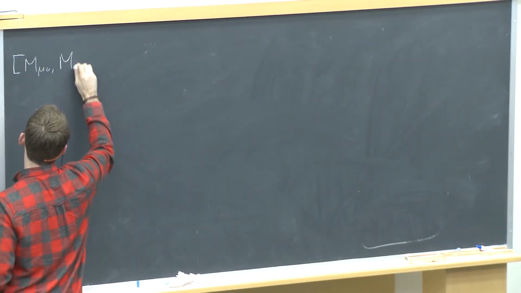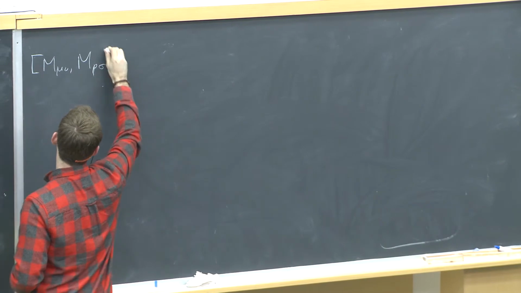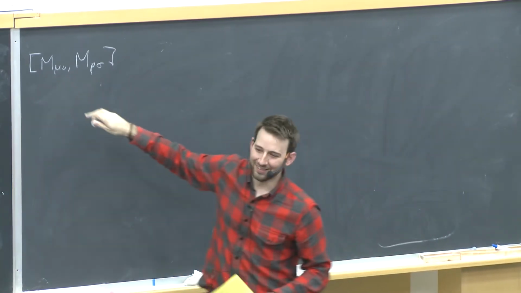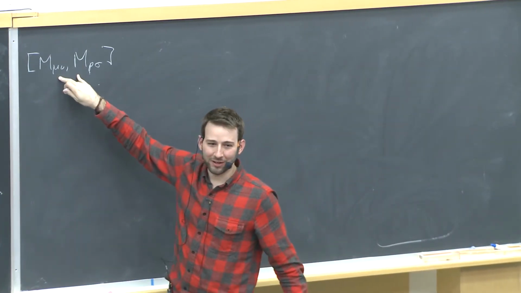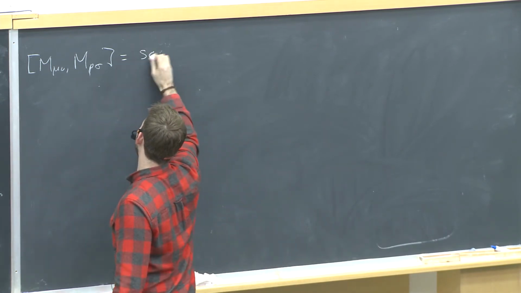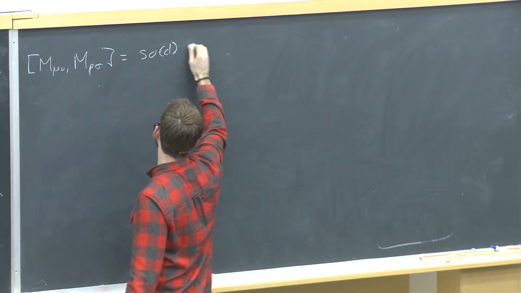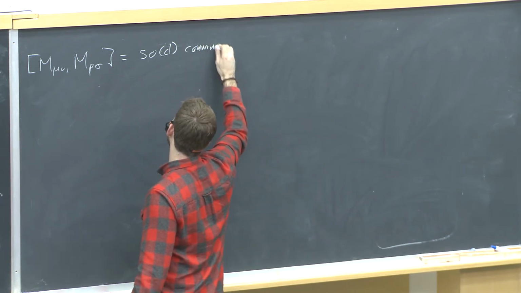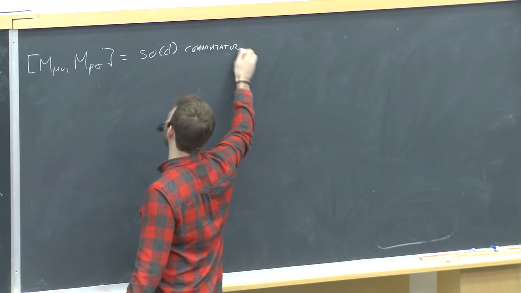This is the most annoying one to write. Well, maybe I won't write this one. So the M mu nus are the ones that just generate ordinary rotations. So this equals the right SO(D) commutator, because it's 4 terms long, and I don't want to write all 4.